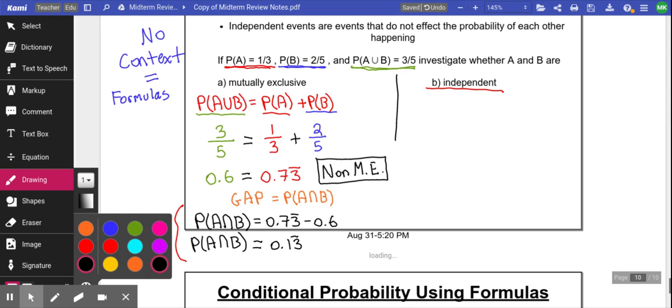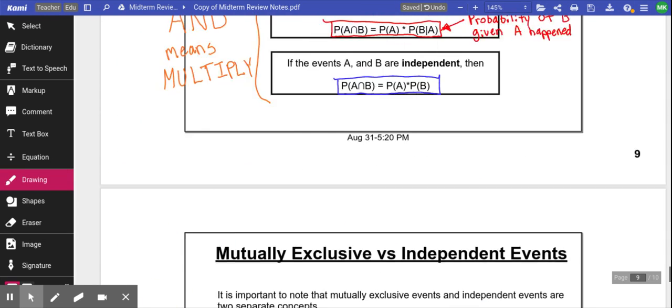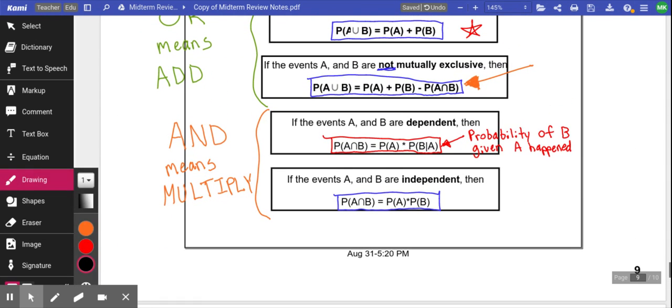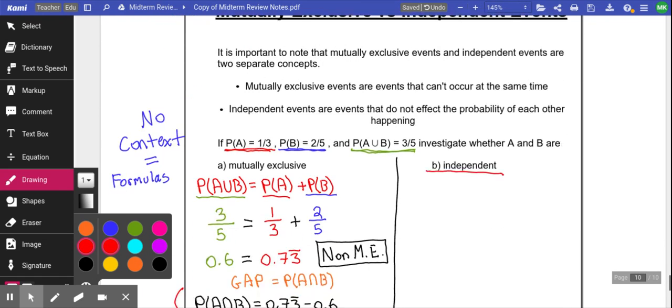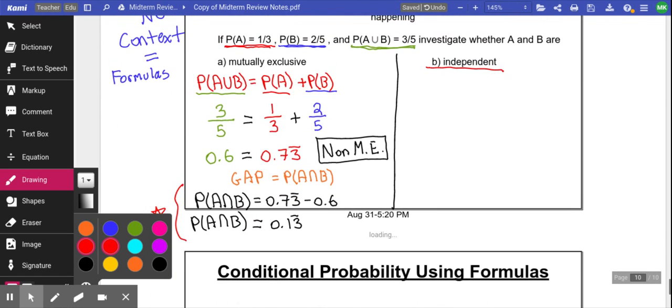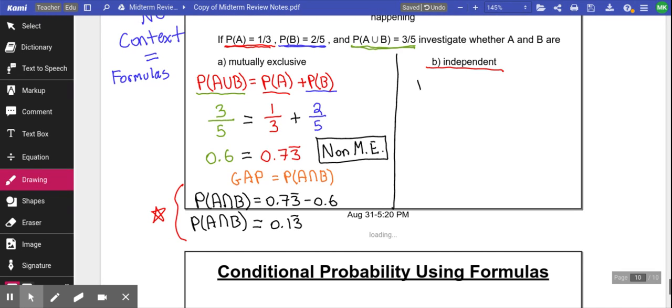The reason why we have to do that is because the independent formula, if you look up here, requires the probability of A and B. So you actually had to use this little trick to figure out what the probability of A and B was, so that I can then use my formula, probability of A and B equals the probability of A times the probability of B.